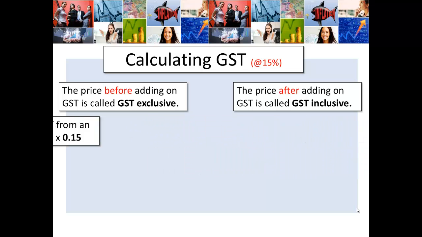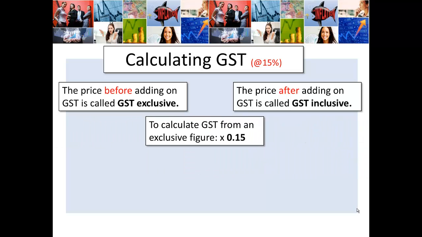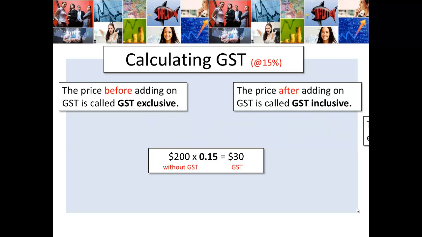So $200 without GST. And to calculate GST from an exclusive figure, we just multiply by 0.15. So without GST, what's the GST component of $200? We just do 200 times 0.15, and that's $30.